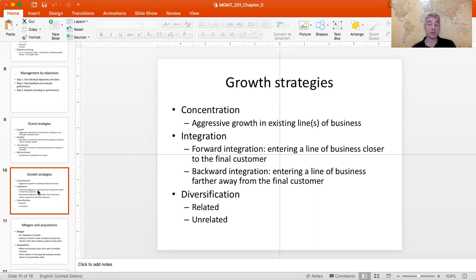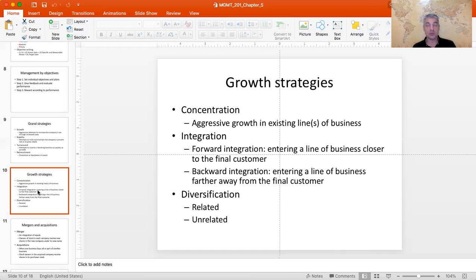So when Starbucks started selling those cappuccino drinks in partnership with Pepsi through grocery stores, for Starbucks that was definitely an attempt to diversify into a related market.